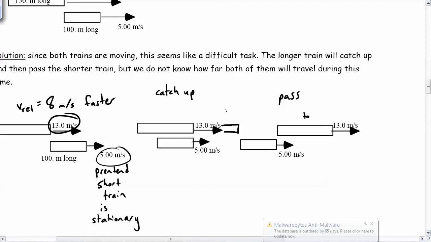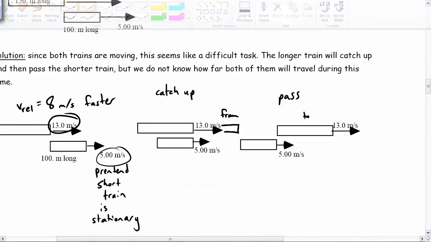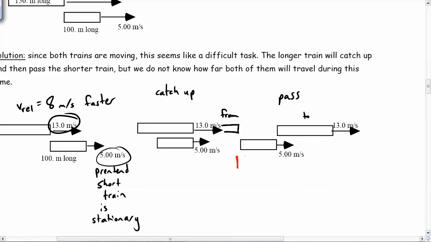So you want to go from here to here. Let's just take a look from the start of the long train to where the long train's front is going to be. Pretending that we're the conductor at the front of the train, the conductor needs to go from here to here. How far is that?